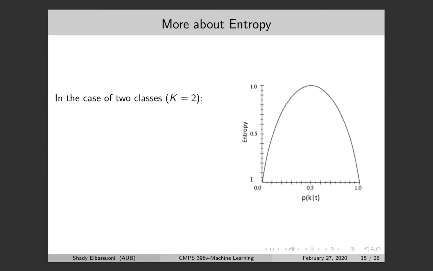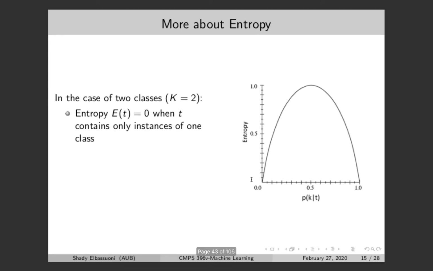So let's look at what is the meaning of entropy. We'll look at the case of 2 classes only, so k equal to 2. As you see, entropy is equal to 0 when T contains only instances of one class. So here, it's equal to 0.